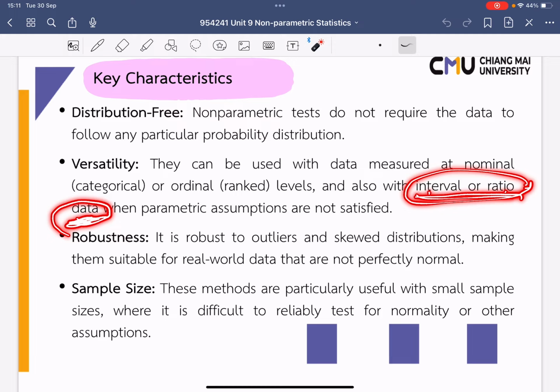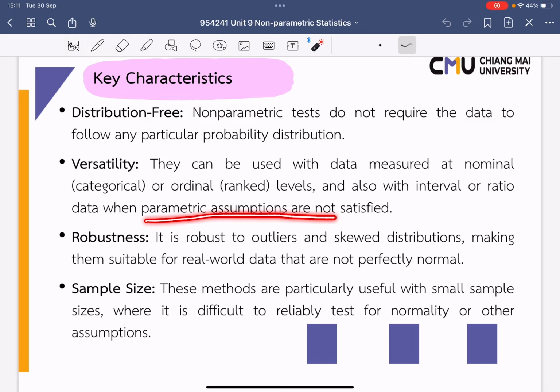But in the case that the assumptions for parametric tests fail, like the data are not normally distributed, or the sample size is too small, then we can use a nonparametric test for them too.